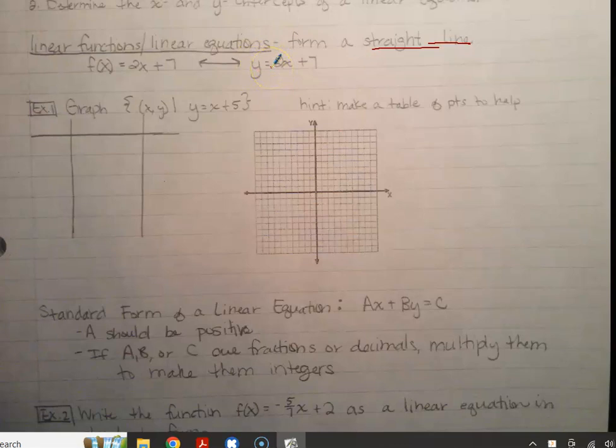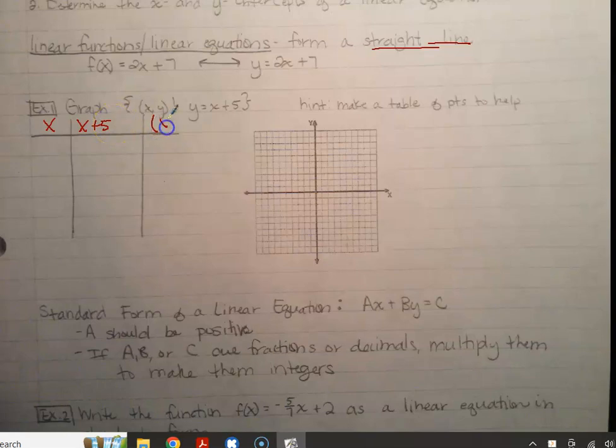All right, so this first one, example 1, says to graph a set of ordered pairs, x comma y, such that y equals x plus 5. First of all, we need to make that table. So we're going to have our x. We're going to use the equation x plus 5 in there.